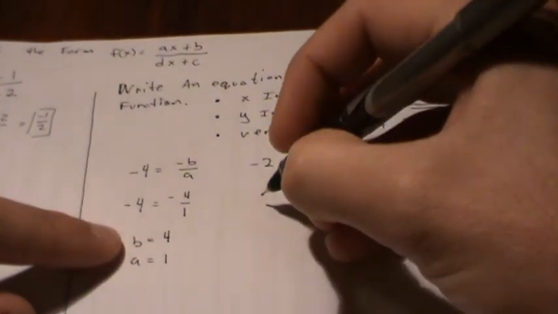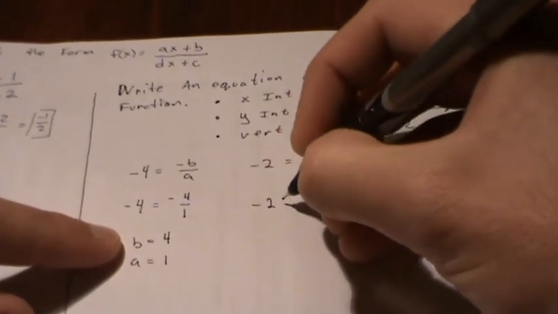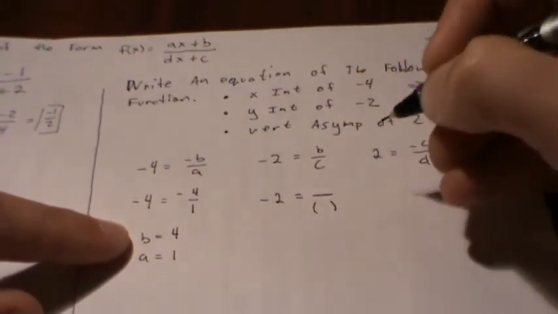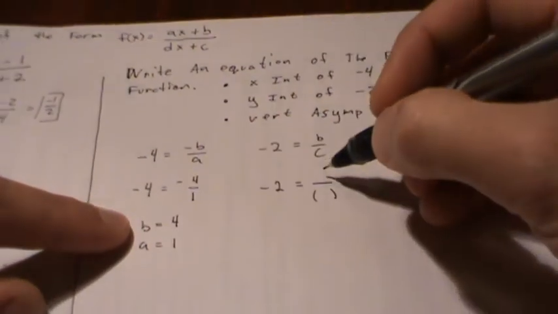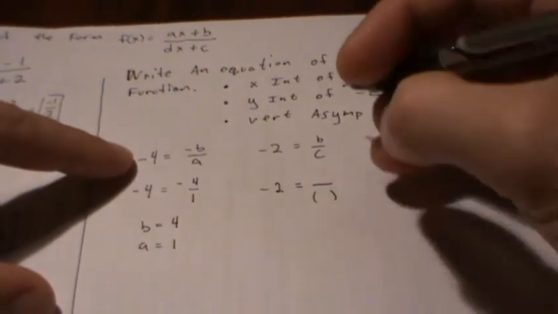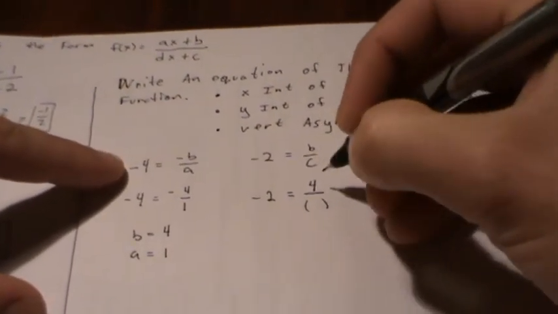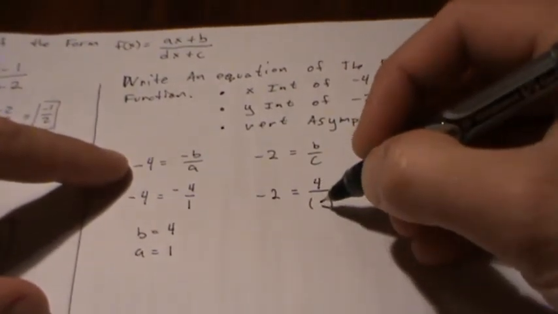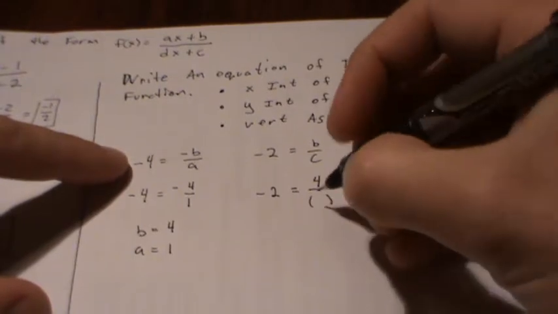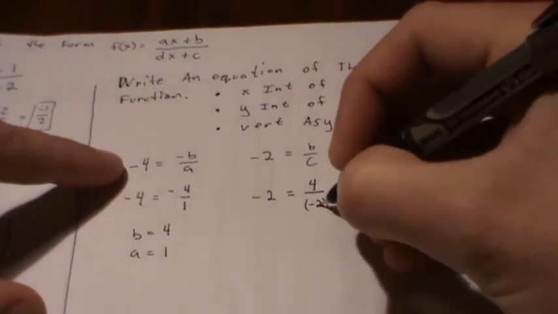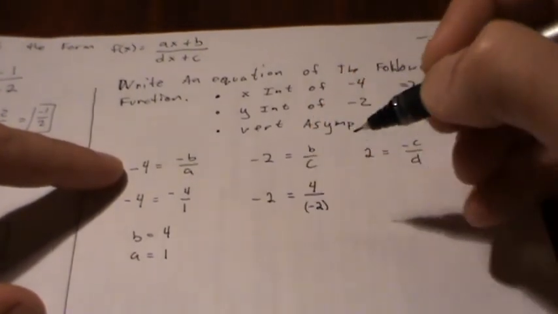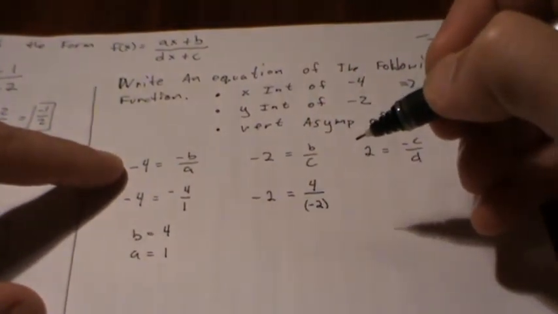My c value is unknown, but I know that my b value must be 4 from the previous equation. So if I make that 4, how do I find a c value here? Well, it looks like my c value must be negative 2, because 4 divided by negative 2 is equal to negative 2. Alright?